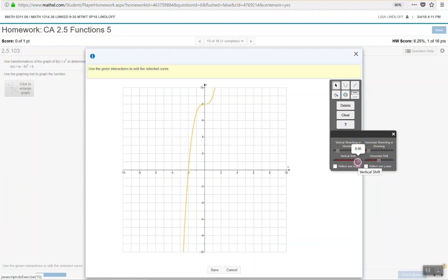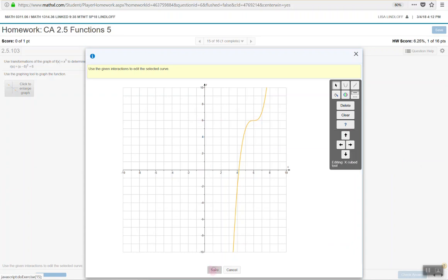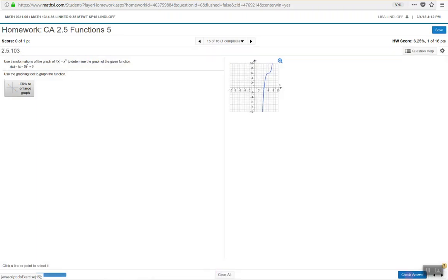Oops, that's 8. Oh, that is 6. I can see it right there. And then I need to go right 6. This will be easier if you can enlarge this on your own screen. And I believe that's 6 to the right. So it went up 6 and it went right 6. So I think that's it. Save it, check it, and we were correct.